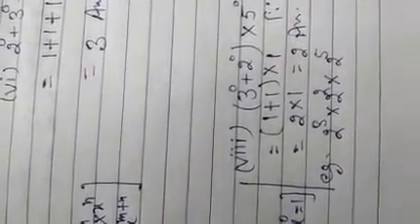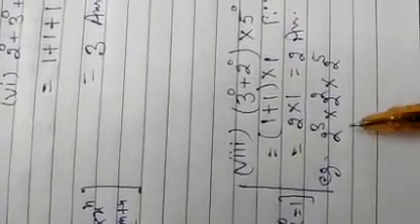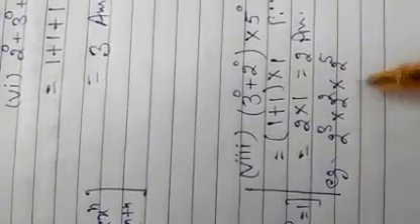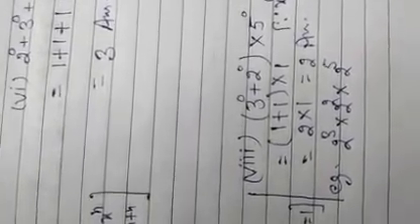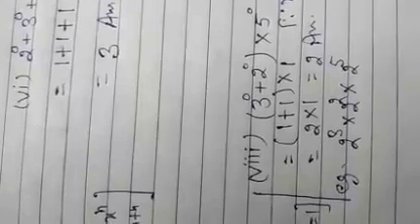Suppose this we have to solve. Friend, first of all you have to identify the identity which you are going to use. Here everywhere you see the bases are the same but the powers are different, and there is a multiplication sign between the numbers. So which identity is this? This is x raised to the power m multiply x raised to the power n, that form we are having.